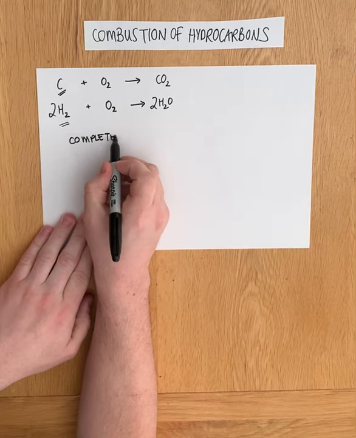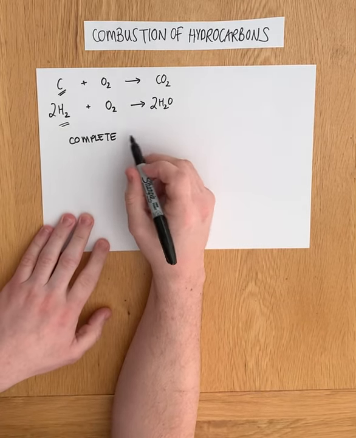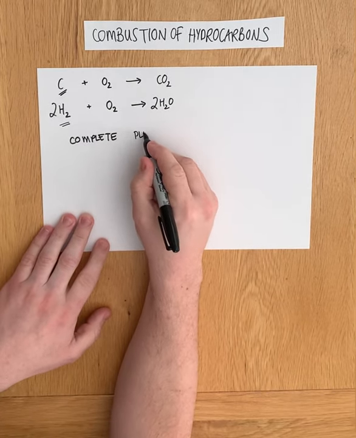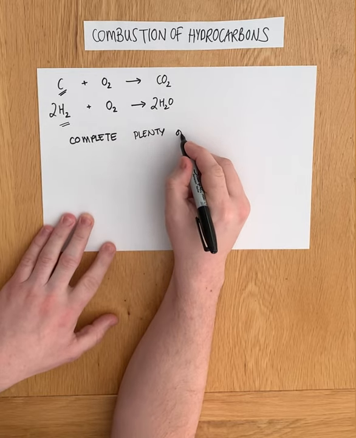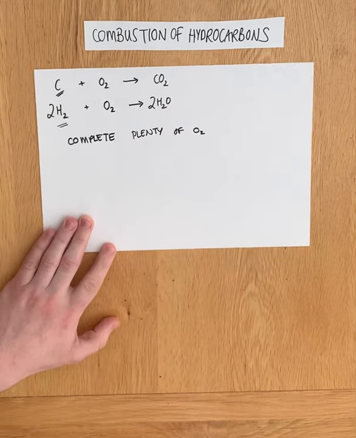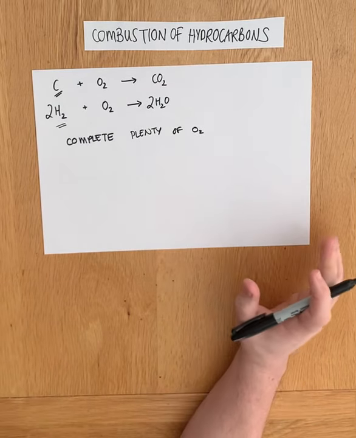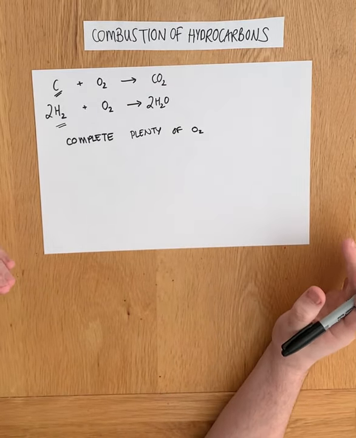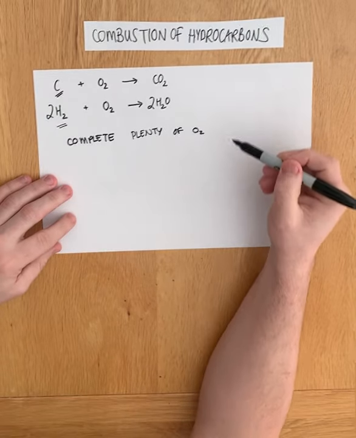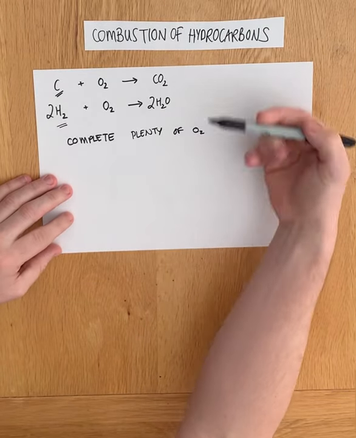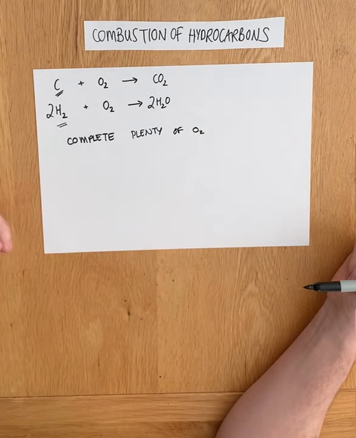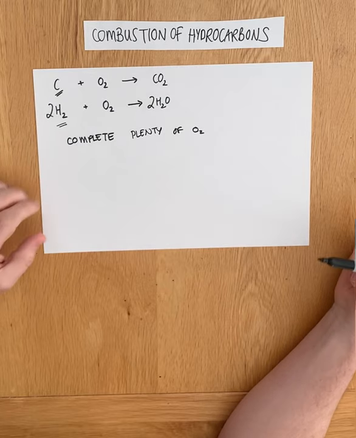Complete combustion is when you have plenty of oxygen in the form of air, so you've got a plentiful air supply. It is not limited. When you have plenty of oxygen, you get full oxidation of carbon and hydrogen. You get water and carbon dioxide produced.